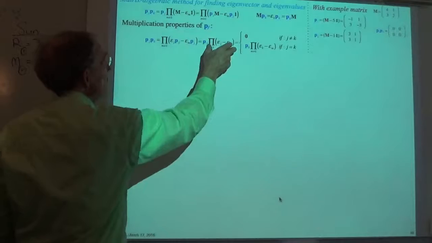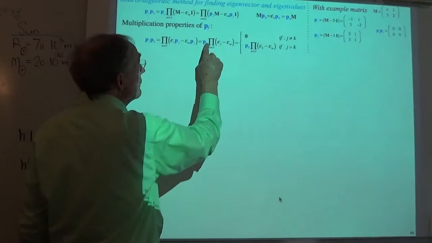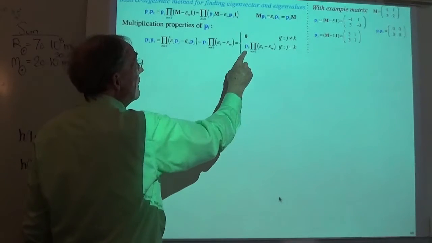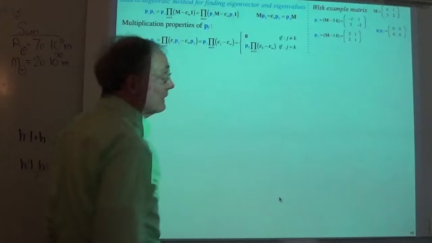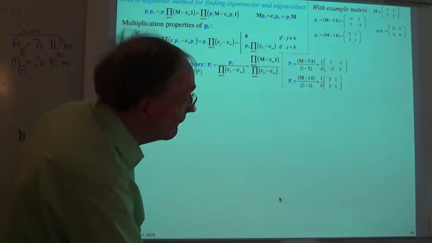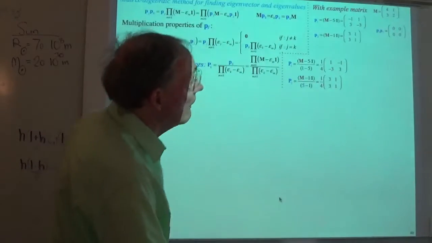Because if I take this thing now and divide both of these by it, that means I've got this thing over the same factor, then I get these big P's. That's what the definition of an idempotent matrix is. So I get something that satisfies that green equation there.